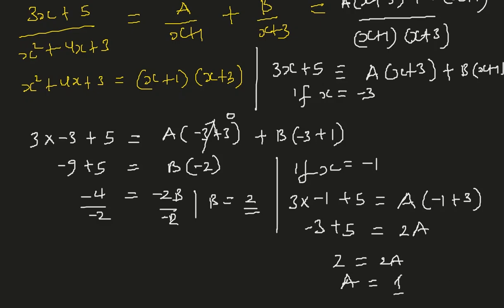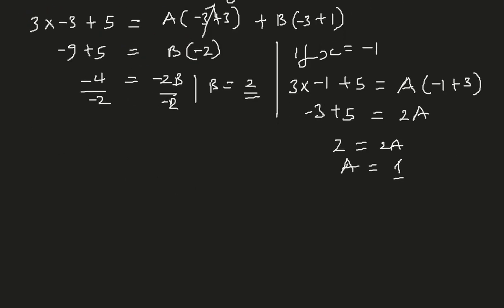So we write our fraction. It was (3x + 5) over (x squared + 4x + 3) equals... So we've gotten our a as 1.